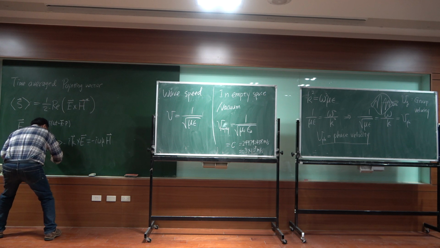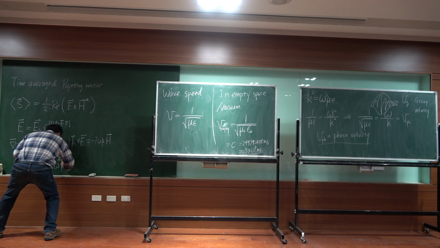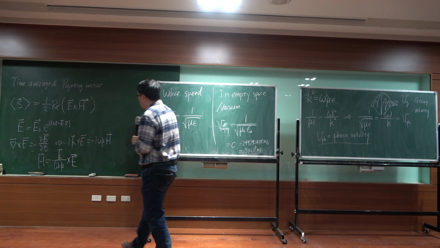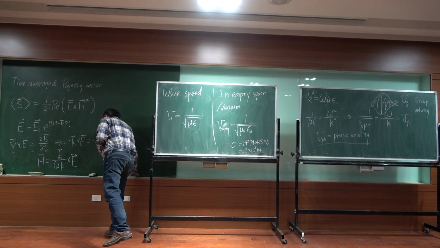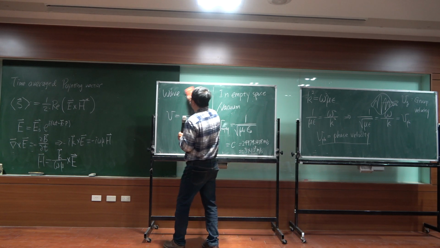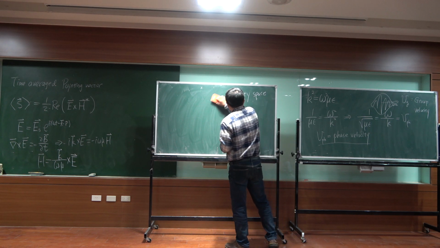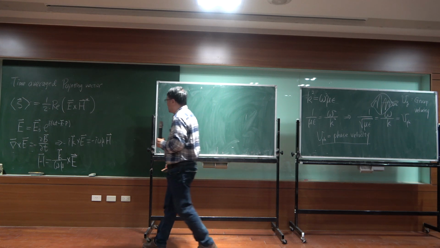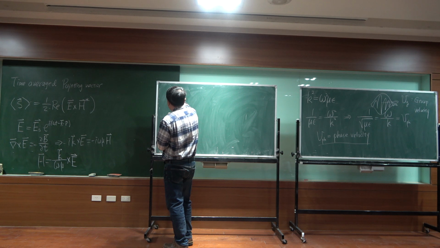H is k over omega mu cross E. This is the complex vector of H by means of k and the complex representation of E. So we need E cross H star.